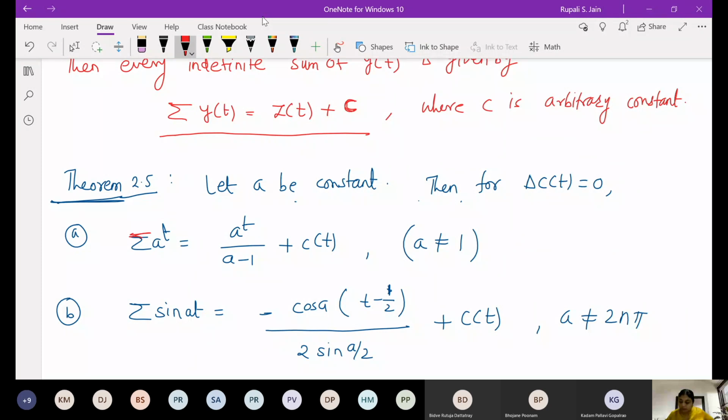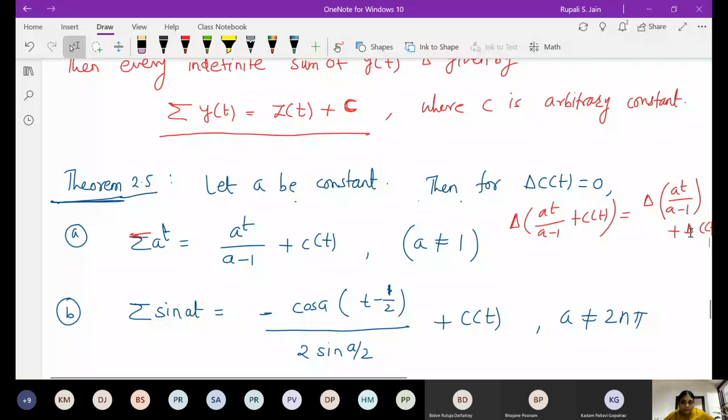So already we have proved, but just let me show you once. So if I operate delta on a raised to t upon a minus 1 plus C of t, what will I get? Delta a raised to t upon a minus 1 plus delta C of t. But delta C of t, what is that? It is already given to be 0.